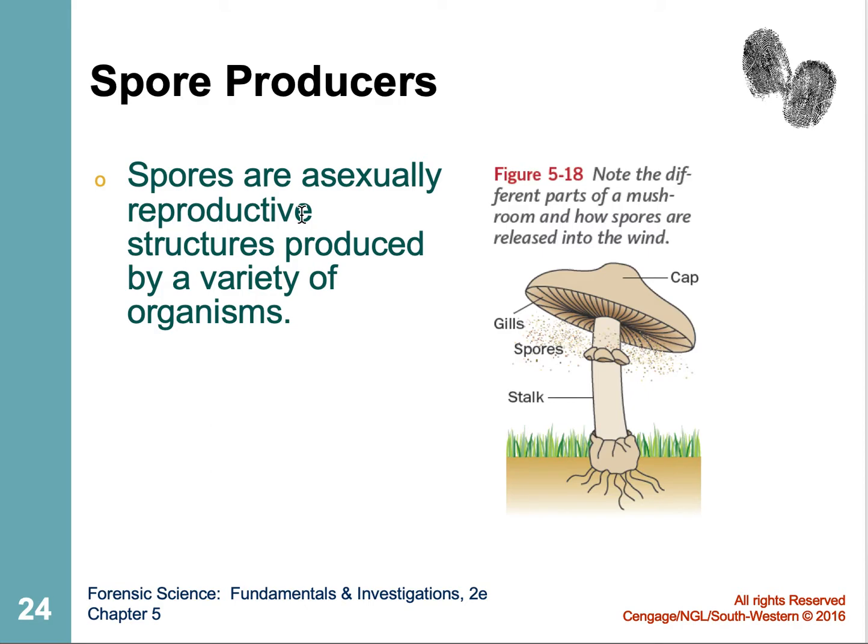So you can actually understand what structure this is based on just the spore. With the seed and the pollen, it's hard because it's sexual reproduction, so you only have half the DNA. Therefore, spore producers are going to let you identify the actual organism a little bit better than pollen. Just as you would create a pollen profile, you're going to create a spore profile.